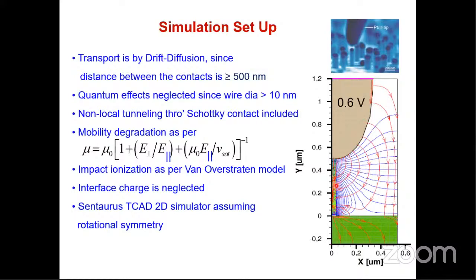So quantum effects will have to be included if the wire diameter is less than 10 nanometers. Quantum effects don't have to do with the distance between these 2 points because this distance is really very large. So that issue doesn't arise at all. But the diameter can be very small or it can be larger. If the diameter is larger than 10 nanometers, you don't have to bother about quantum confinement inside the wire.